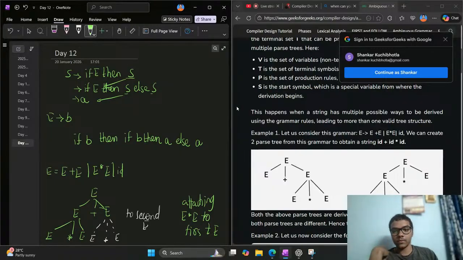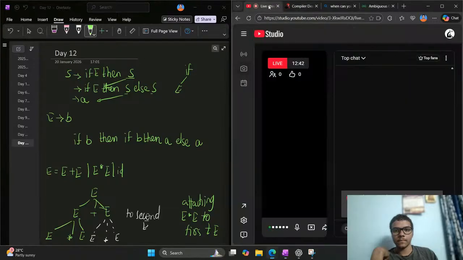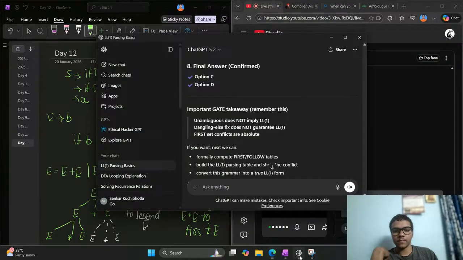So if you were to generate a parse tree, let's generate a parse tree, both showing ambiguity.